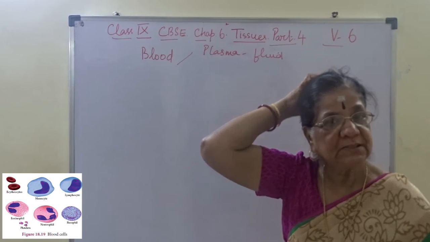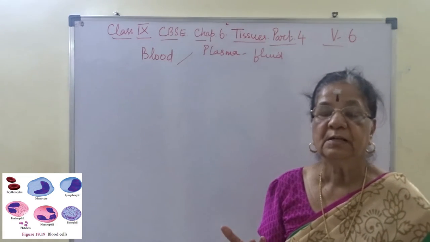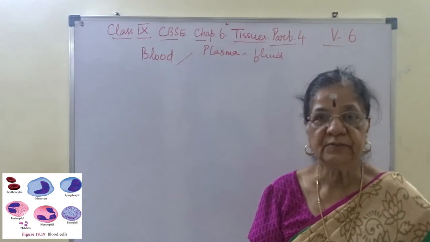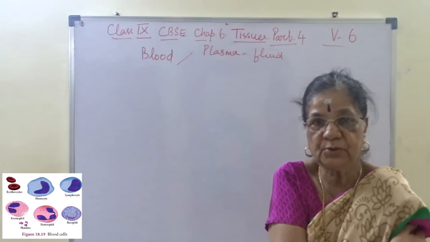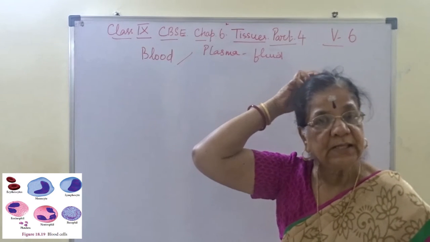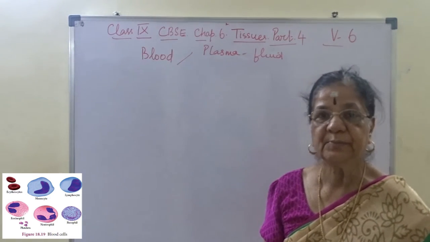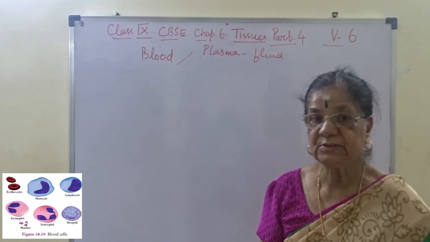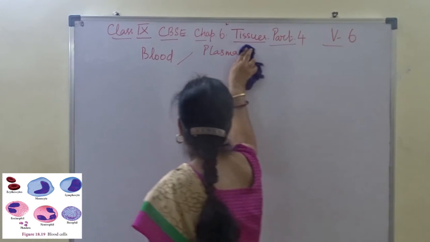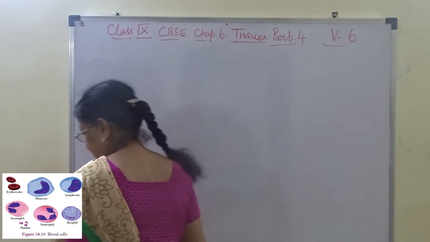Then it has many minerals and ions meant for metabolism, and it has waste products eliminated during excretion. The exchange of gases, carbon dioxide and oxygen, all of it happens through diffusion, taking place through the blood plasma. I hope you understand.